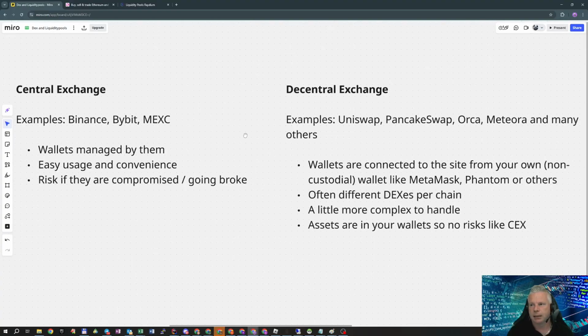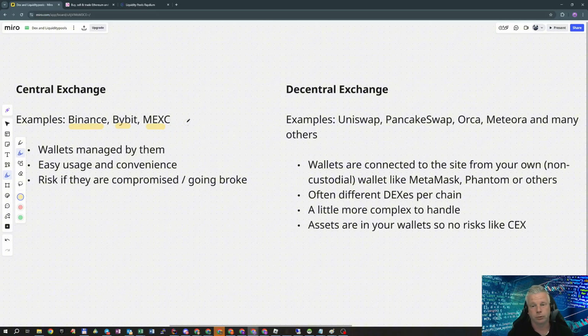For the central exchange, most of you will already know this. These are like Binance, Bybit, and there are way more versions like Kraken, and most countries have also local central exchanges to support the payment systems of their locals.